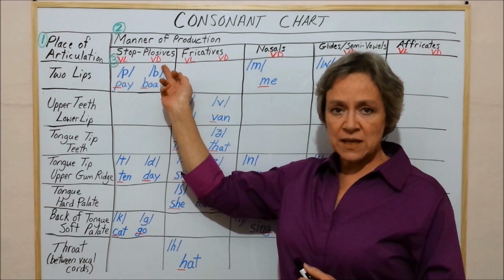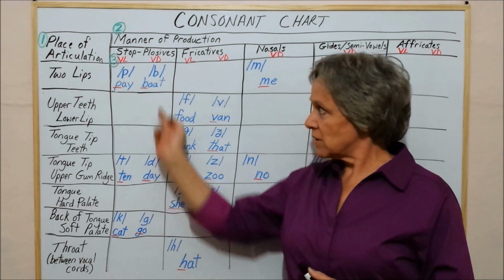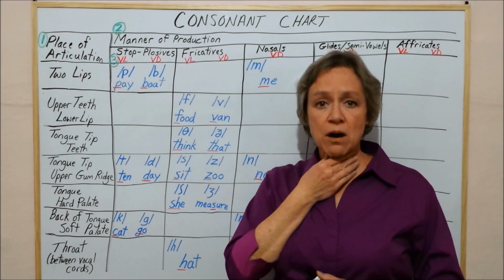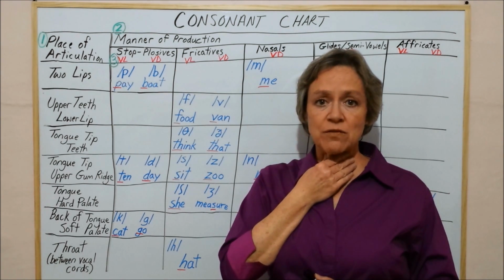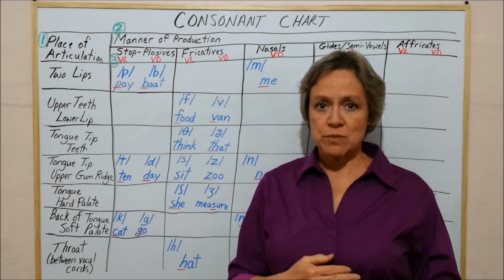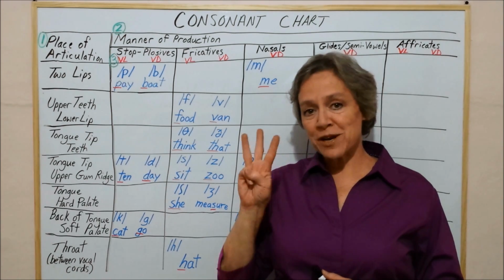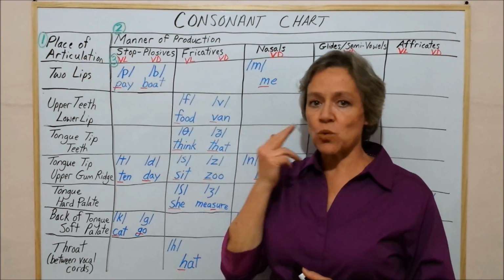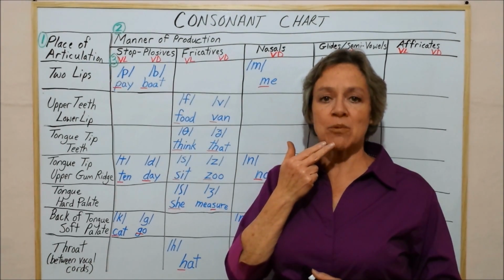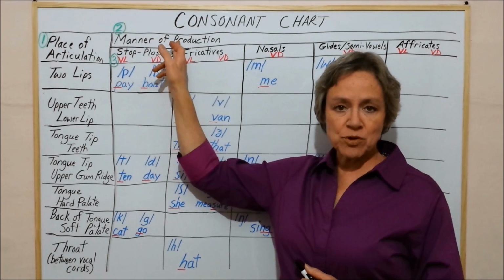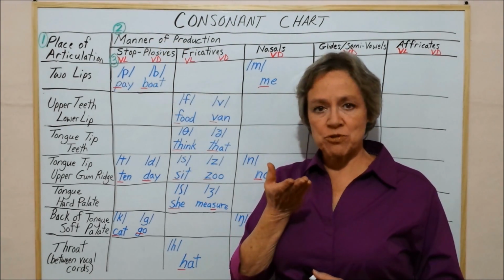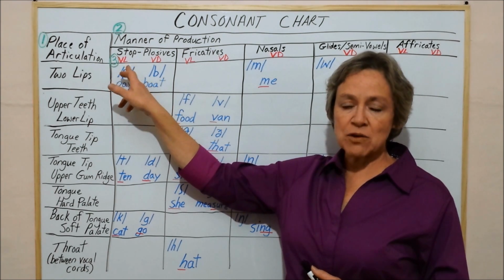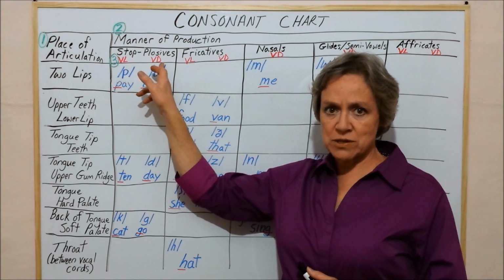In the column VD, these sounds that are below VD are voiced sounds. So we are using the vibration of our vocal cords to make those sounds. Okay? So we have 3 main things that are shown on here. Place of articulation, so where or what part of our mouth are we using? Manner of production, how are we producing that sound? And 3 is voicing. Is the sound voiceless or is it voiced?